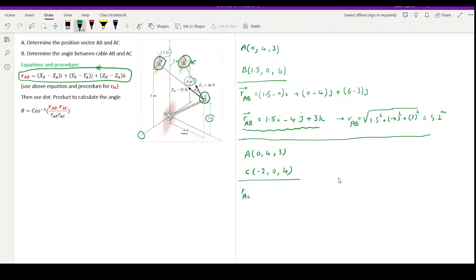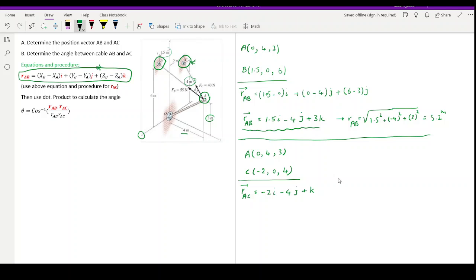For RAC, I'm not going to write the whole equation, because you can just look at it and say that X is negative 2I, then 0 minus 4 is negative 4J, and 4 minus 3 is plus 1, which I'm not writing 1, K.